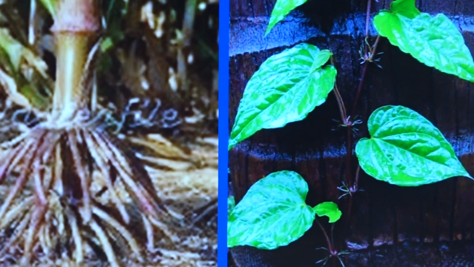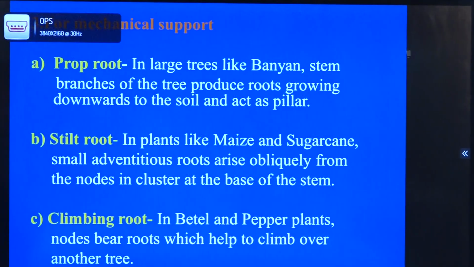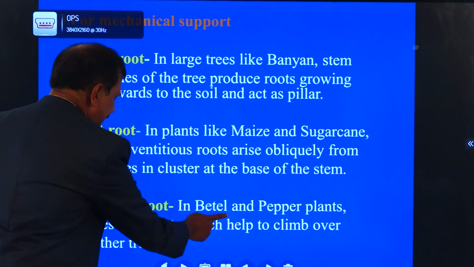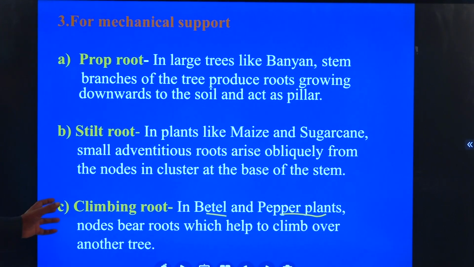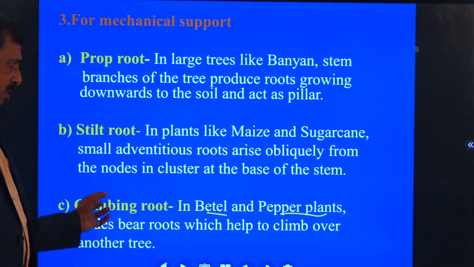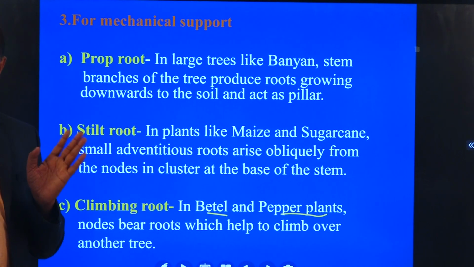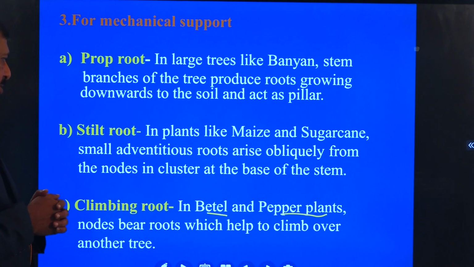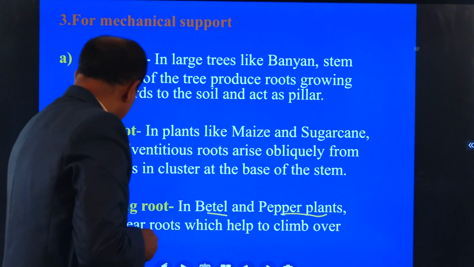The next one is climbing root, the third one. In case of betel and pepper plants, you could observe some small roots attaching to the surface of the plant or any substratum, by which they take support and climb other plants. See here the picture.